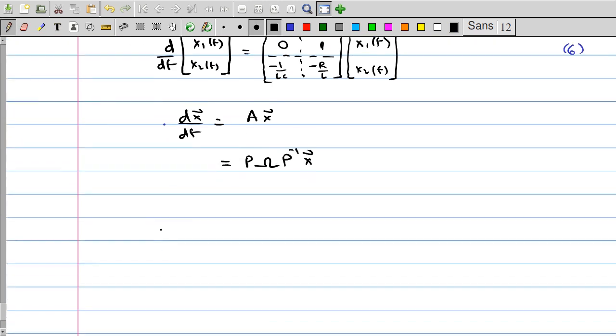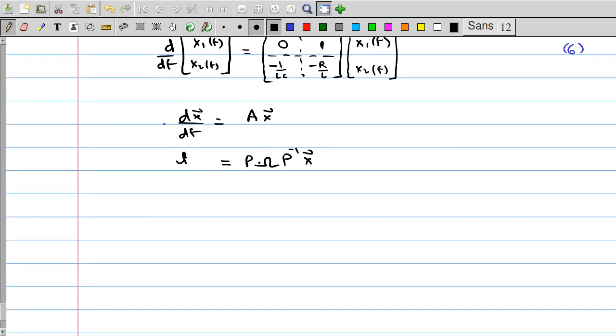Now I can pre-multiply by P inverse, and I get d by dt of P inverse x.